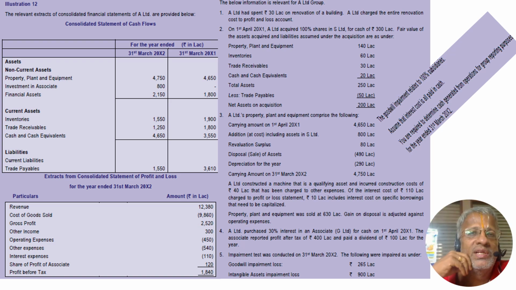This will not result in any outflow of cash. So this is one important piece of information which you don't find in the solution provided by the institute. Let me repeat. We have opening balance of PPE at 4650. You have addition made during the current period, revaluation conducted, disposal made, and you have depreciation, but they have not included the subsidiary's figure of PPE.